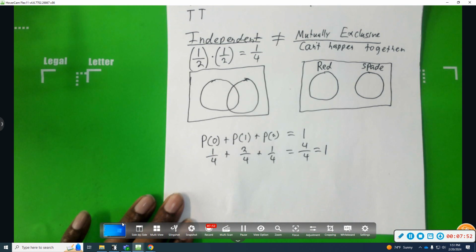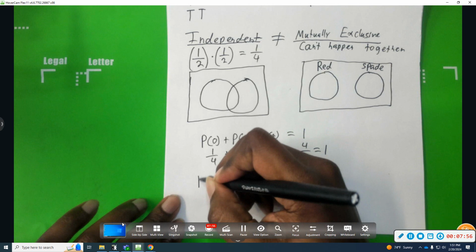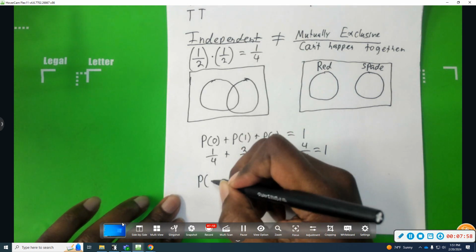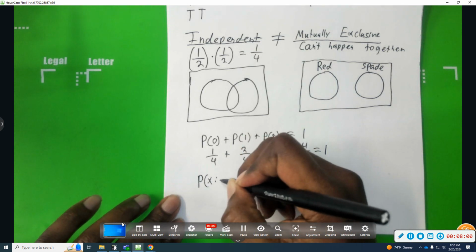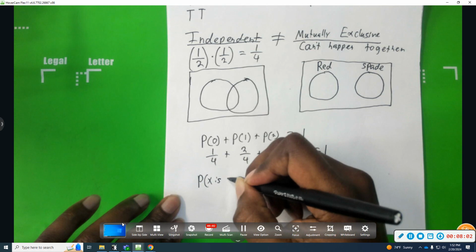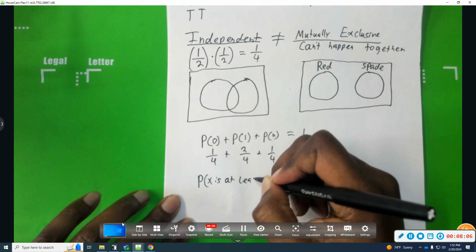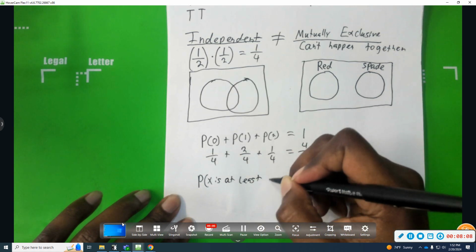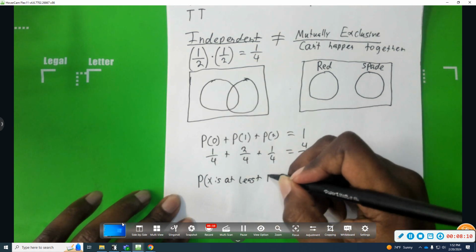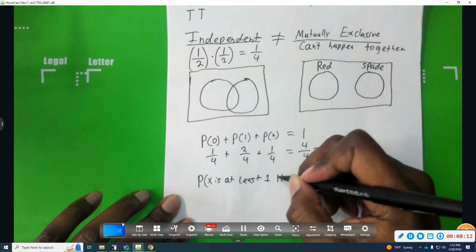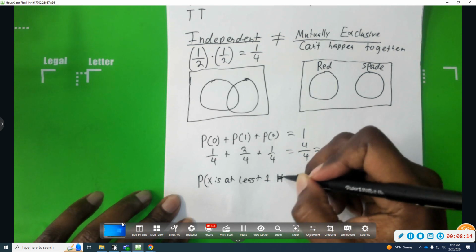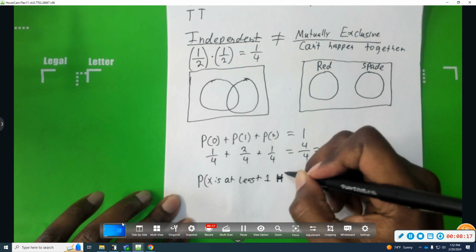When we talk about at least probability, let's say I'm going to say the probability that X is at least 1 head. So I want 1 or more heads when I flip a coin twice.